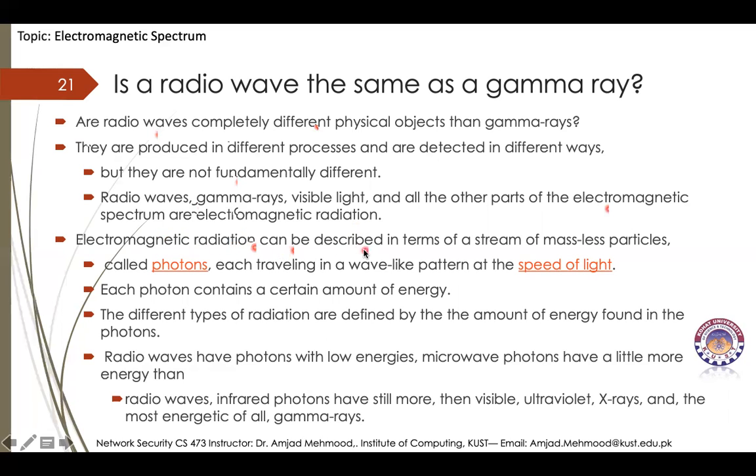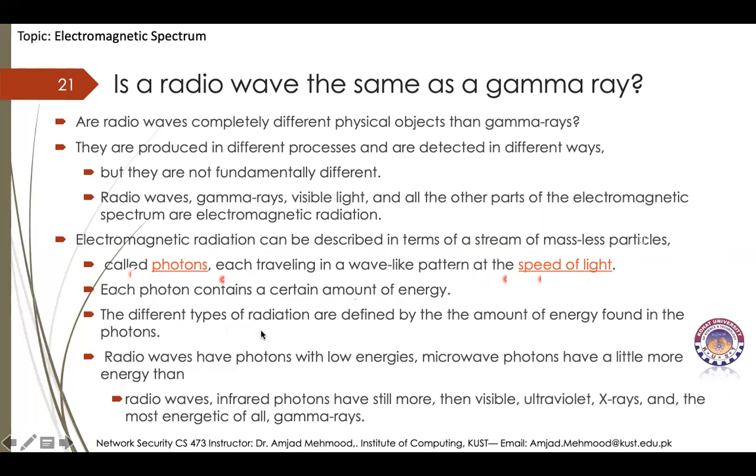Electromagnetic radiation can be described in terms of a stream of massless particles called photons, each traveling in a wave-like pattern at the speed of light. Each photon contains a certain amount of energy.